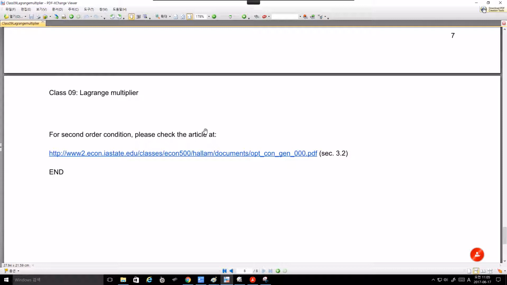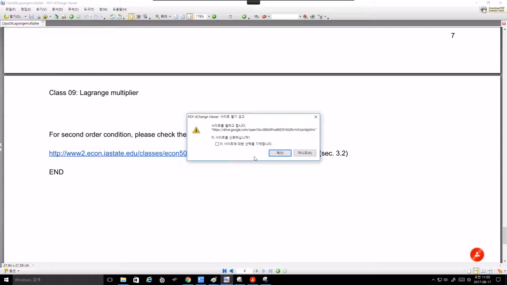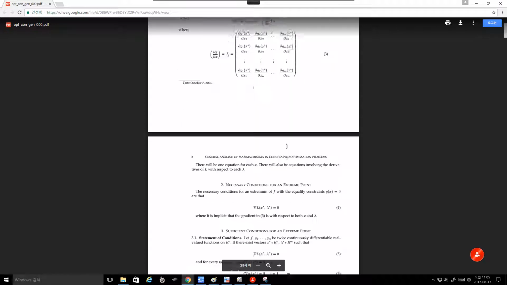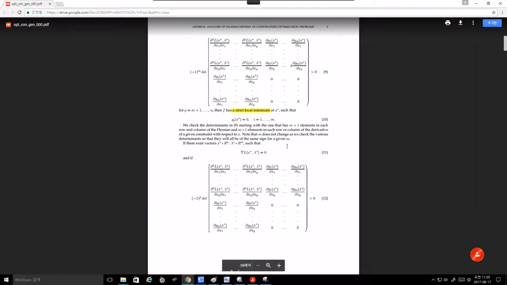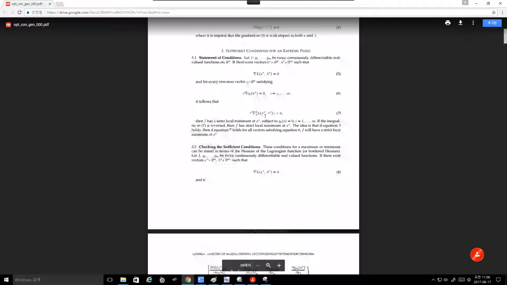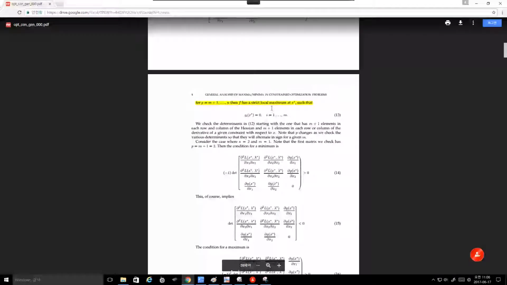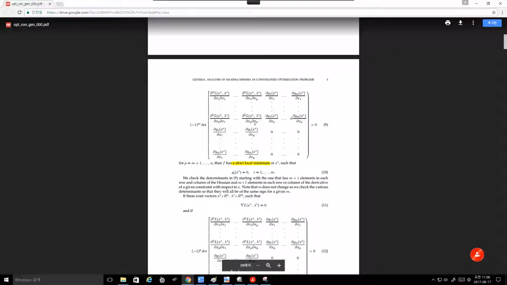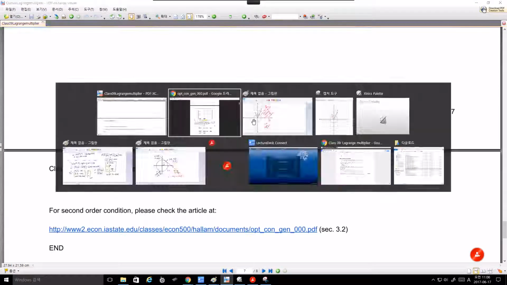If we want to know that, we have a detailed explanation in this link. You can click this one and reach here. It is well written, a bit slightly complicated. Basically, there is a strictly local minimum. So there is a technique.